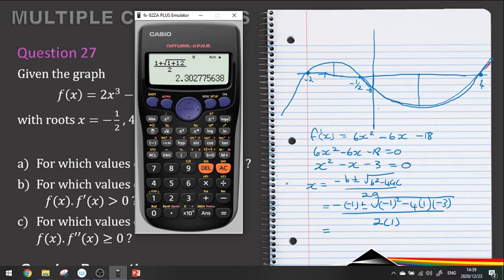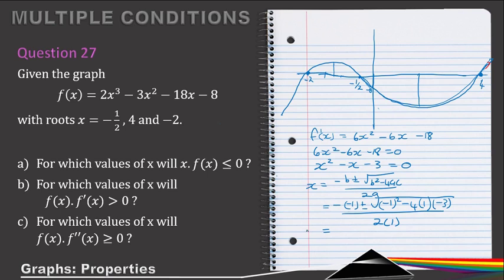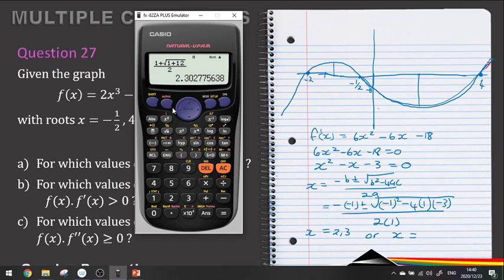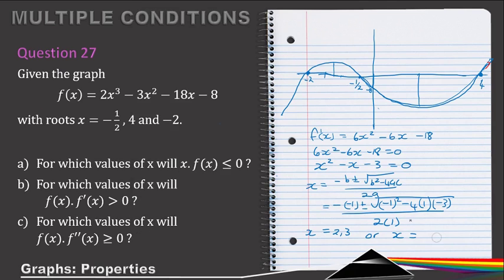This gives us x equals (1 plus root 13) over 2, or, if I replace that plus with a negative, x equals (1 minus root 13) over 2.